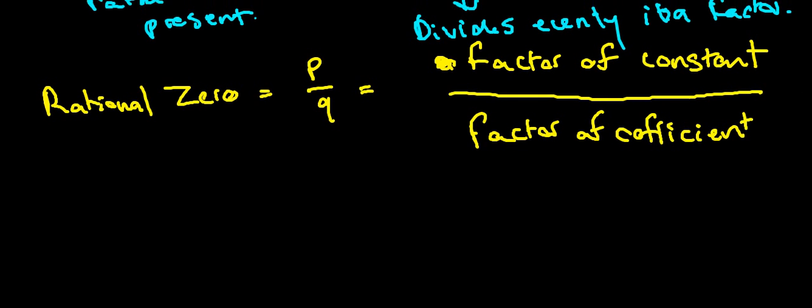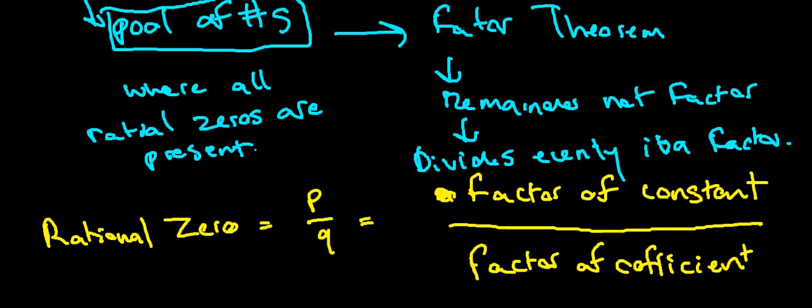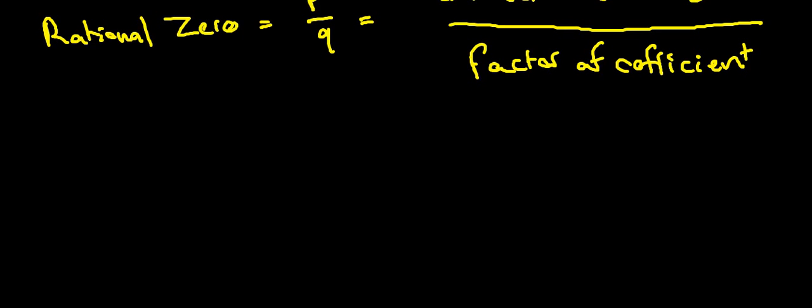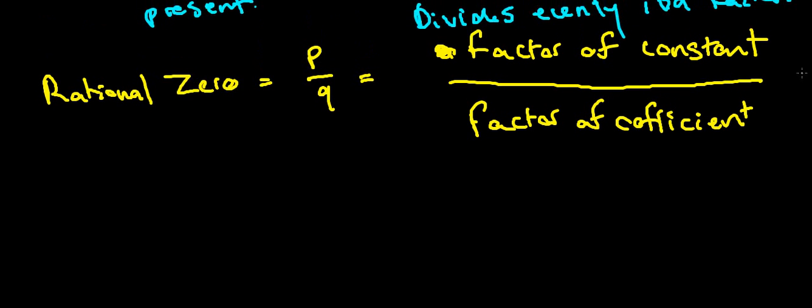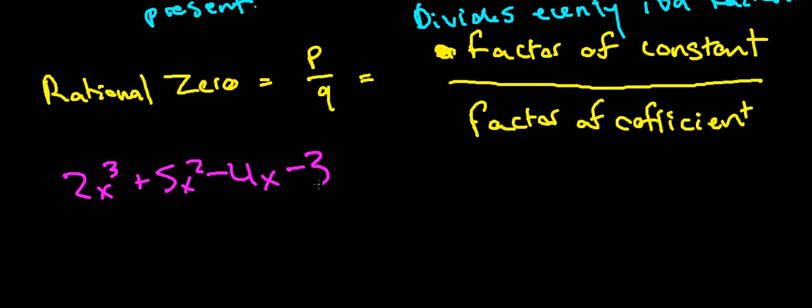So what we can do to find out what these are is take an example. This will be easiest to explain with an example. Let's say I have 2x cubed plus 5x squared minus 4x minus 3.